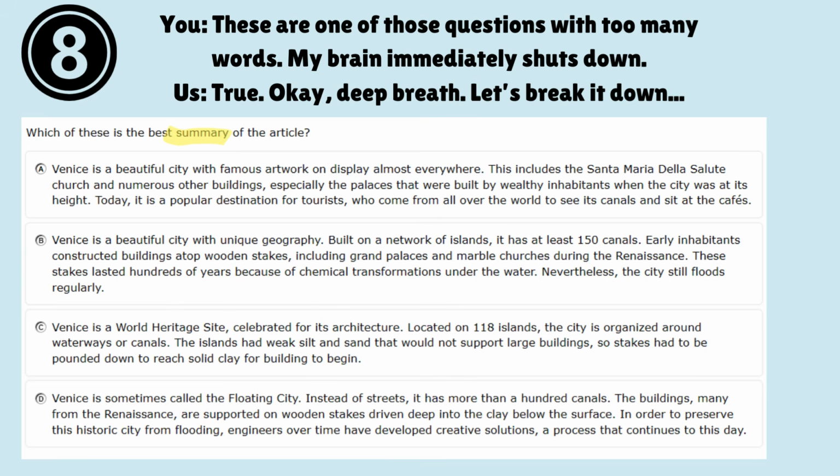Even me as a teacher, as a college graduate, I can see this question and see all of these words and my brain immediately shuts down because those are just too many words for one question and one page.